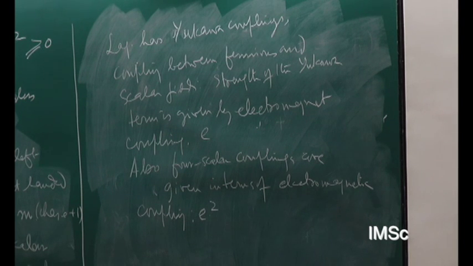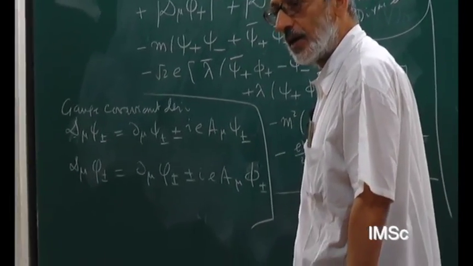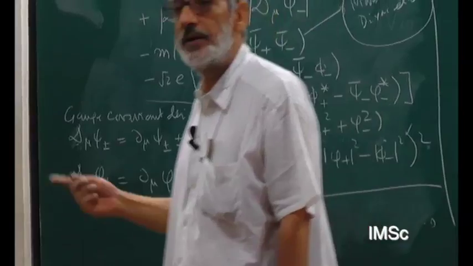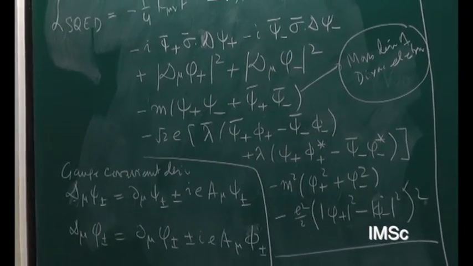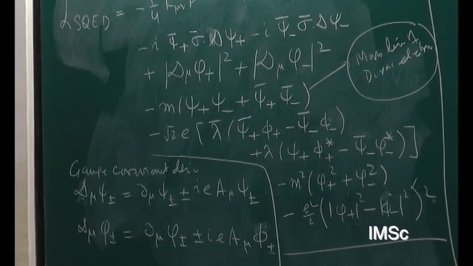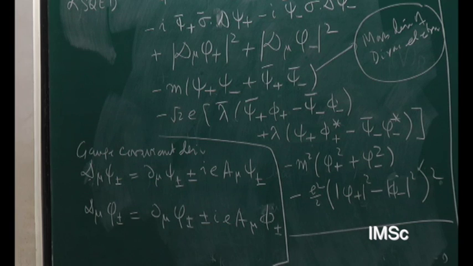So though it has both Yukawa and four scalar couplings, these couplings are not independent. Their strength is determined by the electromagnetic coupling. In a general field theory, you could have independent couplings, but here they are not, and that is the sign of supersymmetry.